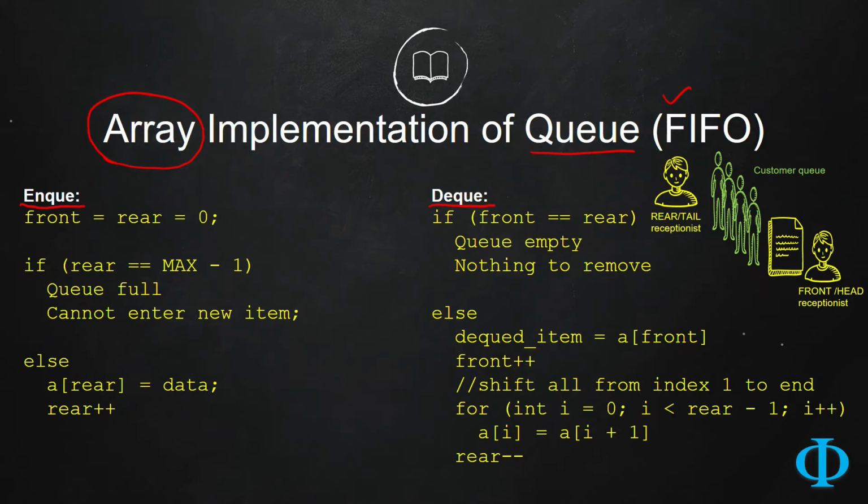Now whenever it comes to the implementation of a queue, always remember this right hand side picture which is shown here. Why is this picture so important?